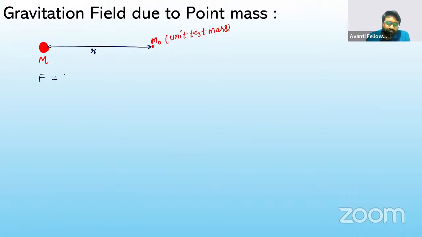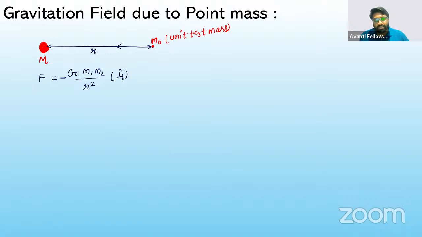Which is G m1 m2 upon r square. If I want to write it in the vector form, because gravitational force is always attractive, that is why it is negative. F is equal to minus G m1 m2 upon r square r cap.